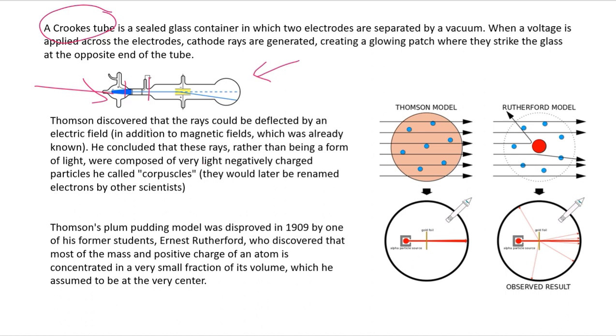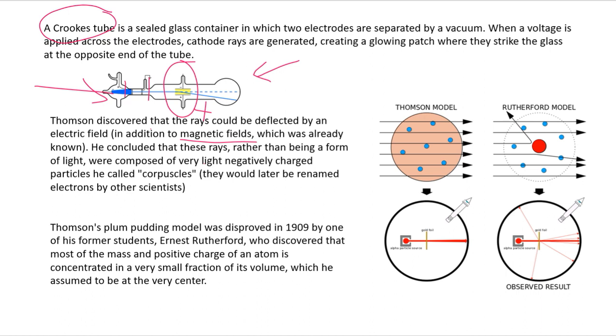But Thomson discovered that when a magnetic field was located by the sides of the ray path, he observed that the ray was deviated to the positive charge.